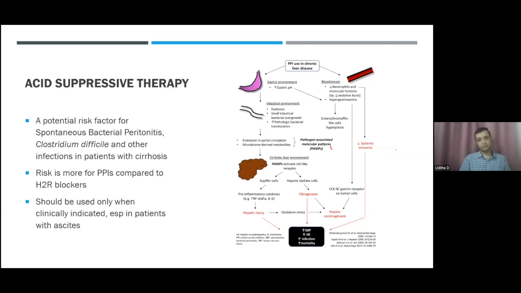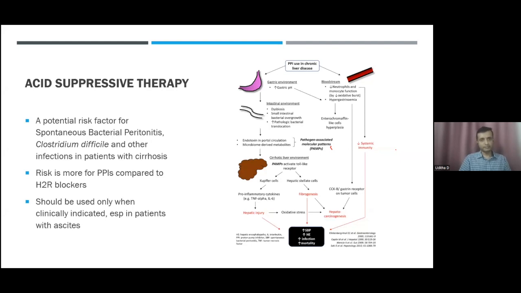So simply put, this is probably the reason why there is increased risk of SBP and other complications in patients with the use of acid suppressive therapy. The risk is more with PPIs compared to H2 receptor blockers.